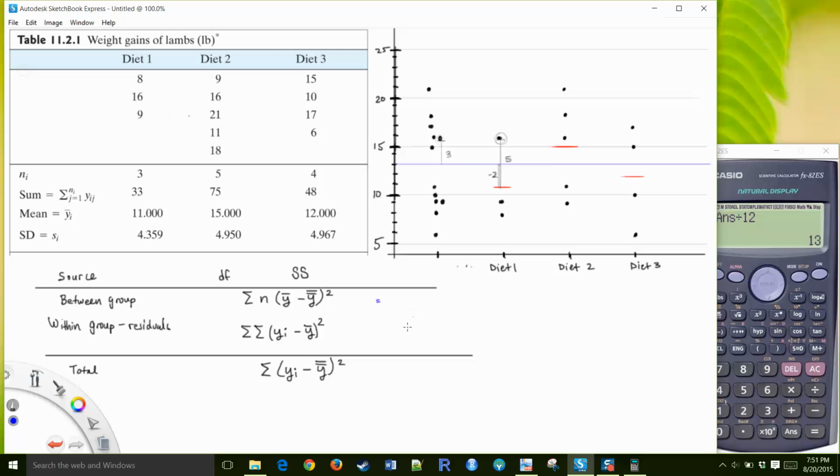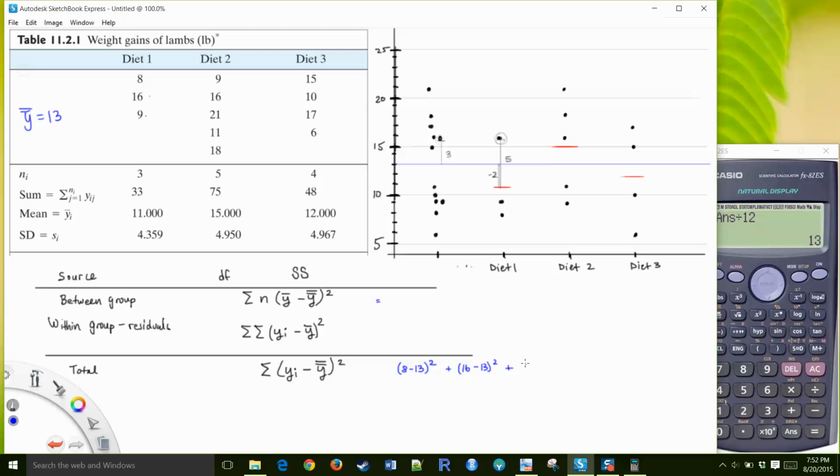Okay, and so here I have 25, 5 squared, and then 16 minus 13 is 3, so I have 25 plus 9, and 9 minus 13 is 4, 4 squared is 16, so what is that? 25 plus 9 plus 16, I get a total of 50.